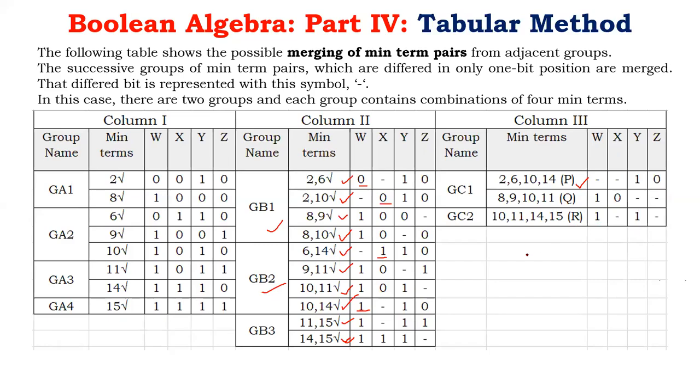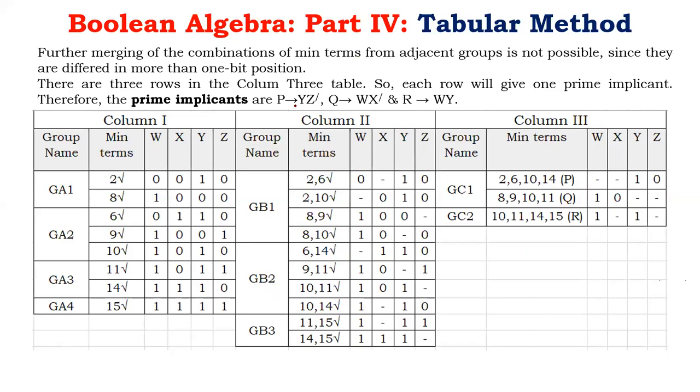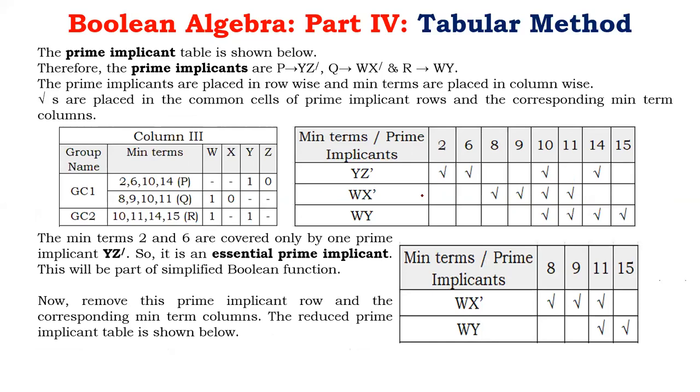Clear? So here I have written P is equal to Y Z bar. This is the prime implicant. Q is defined by W X bar, and R is defined by W and Y. Now put these P, Q and R in the prime implicants table.